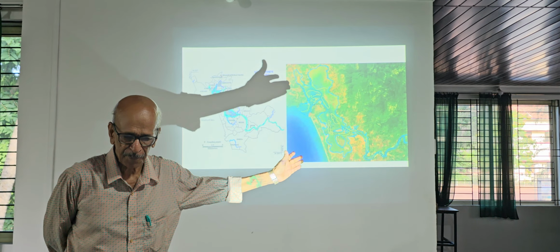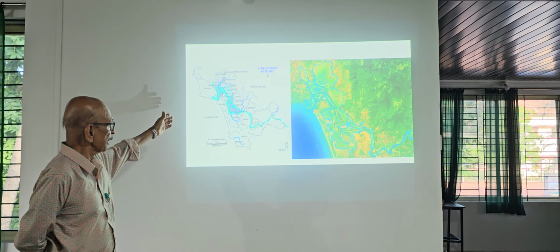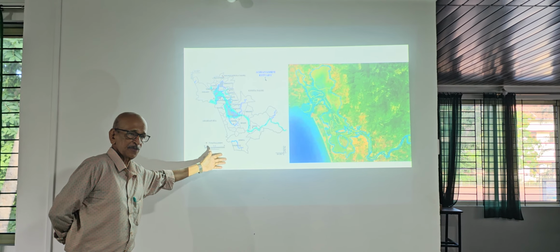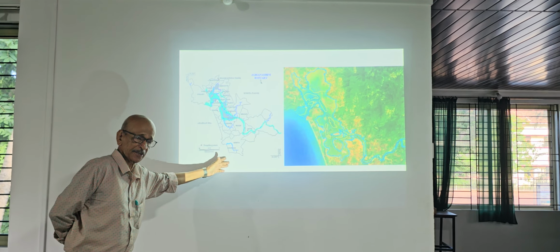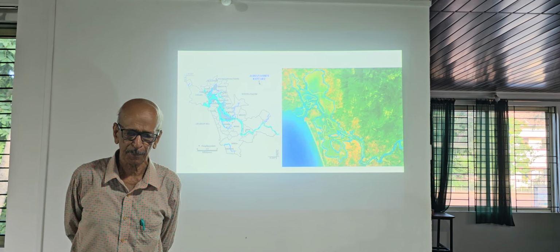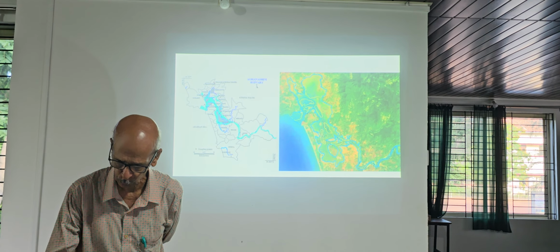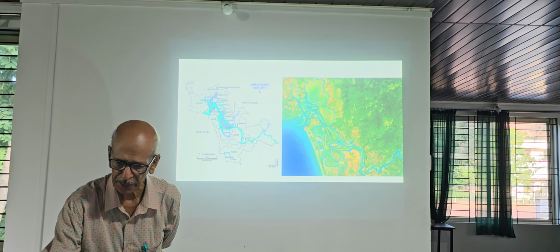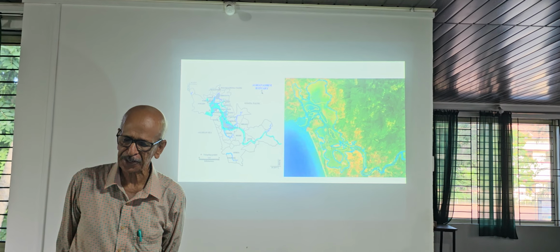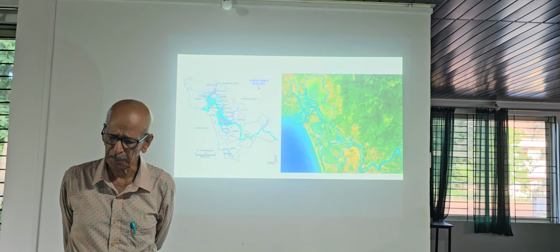Now this is the map of Aghanashini, and you can see that so many villages which are densely populated are around this estuary, and most people have high dependence on estuary for livelihoods. Now the estuary is not only for fishery, but it also has high diversity of birds.